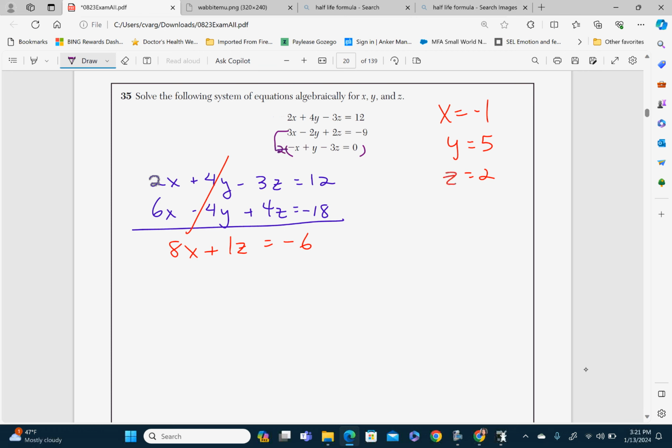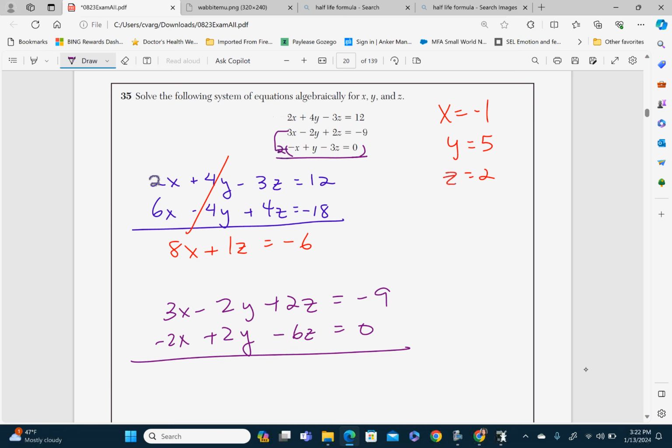So the 3x minus 2y plus 2z, which is our second equation, stays exactly the same. However, the last equation gets multiplied by 2. 2 times -x is -2x. 2 times y is positive 2y. 2 times -3z is -6z. And 2 times 0 is 0.